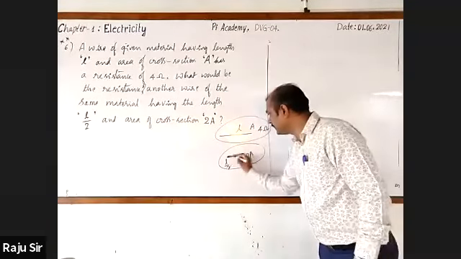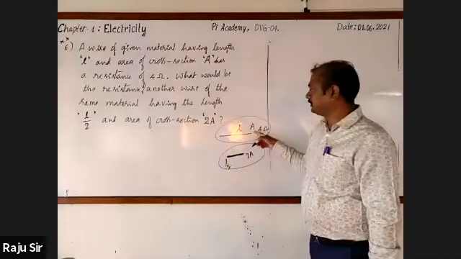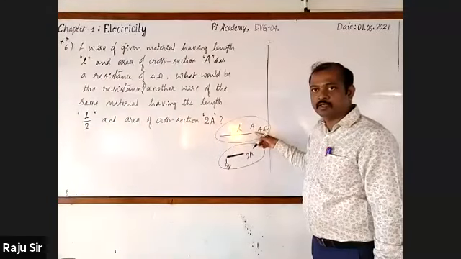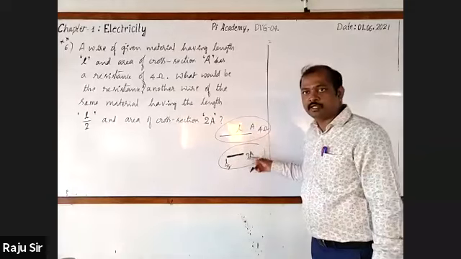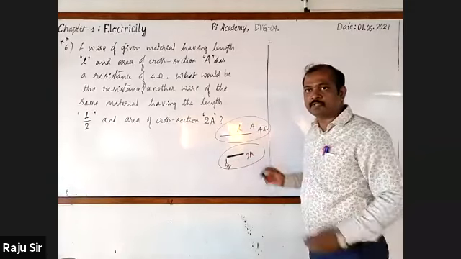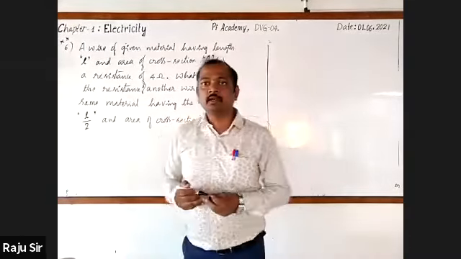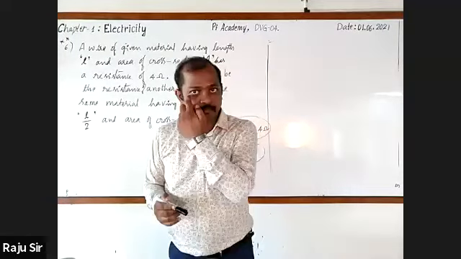That means its thickness is double that of the first one. Length is half of the first one, and area of cross section is double that of the first one.